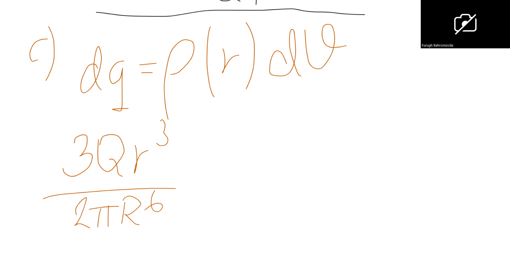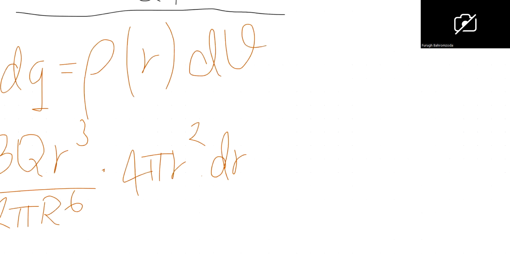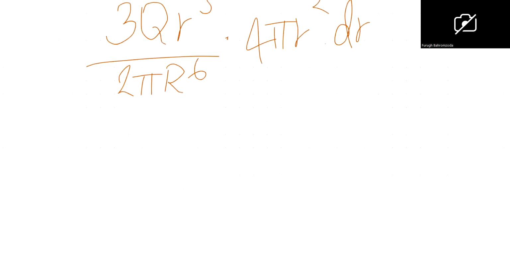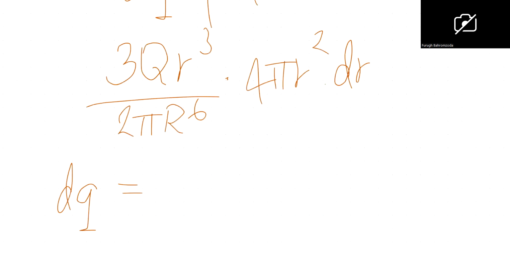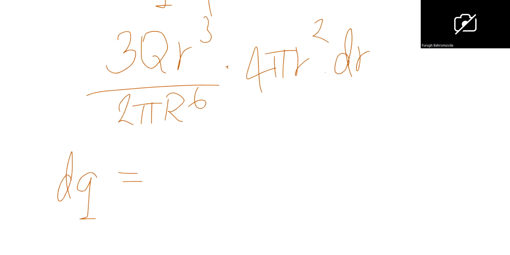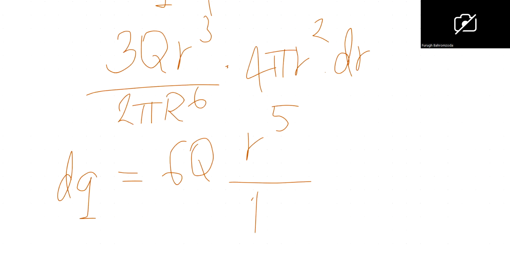The volume is area multiplied by length, so 4 pi r squared multiplied by dr. So dq equals, this one goes to here, and it will be 6Q r to the power of 5 over R to the power of 6 multiplied by dr.